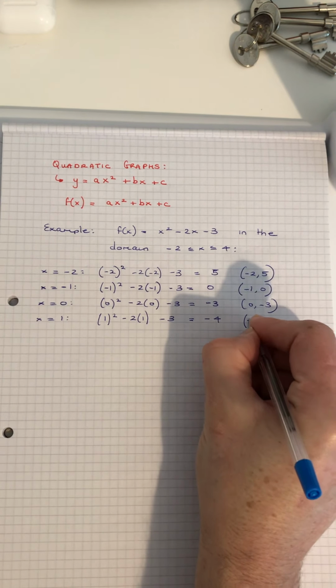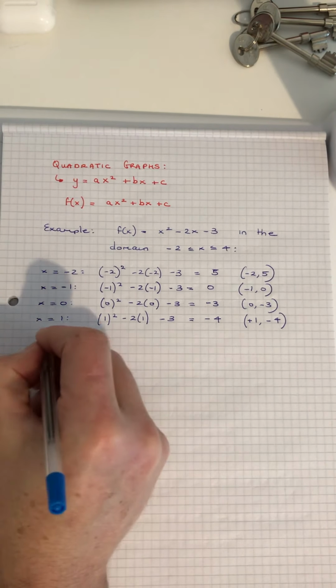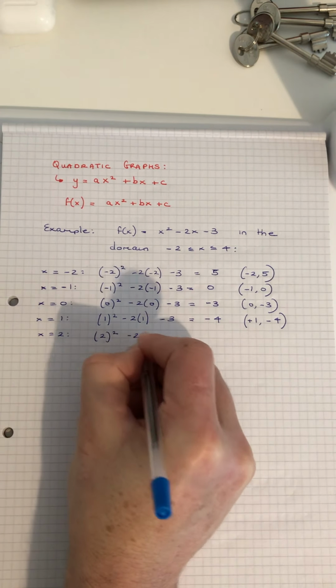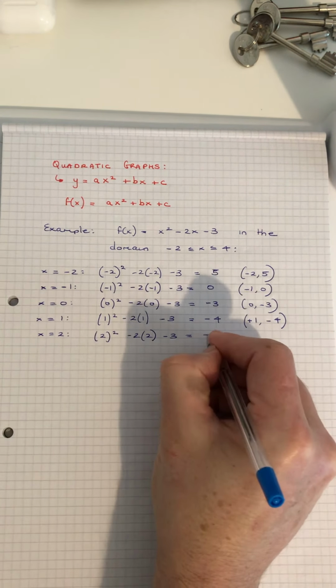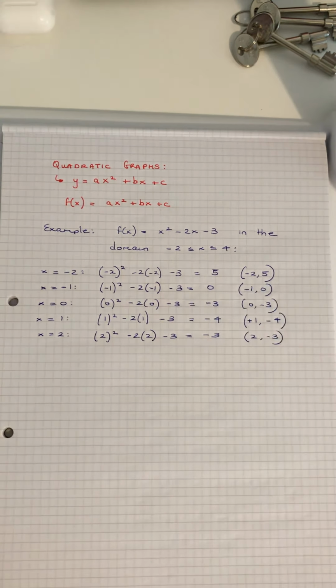So plus 1 and minus 4. When x is 2, 2 squared minus 2 times 2 minus 3 is equal to minus 3 again. So 2 and minus 3 is our point.